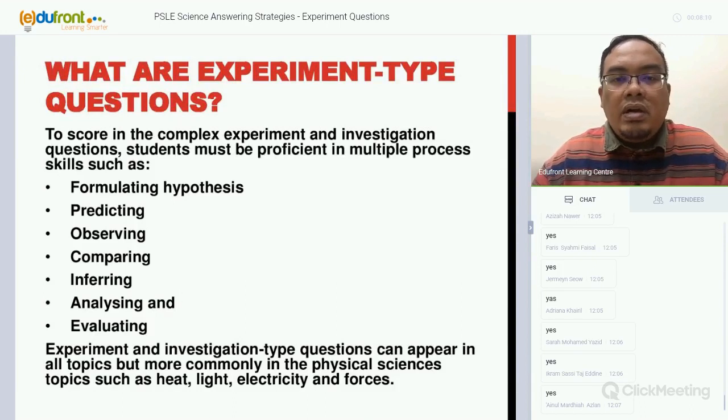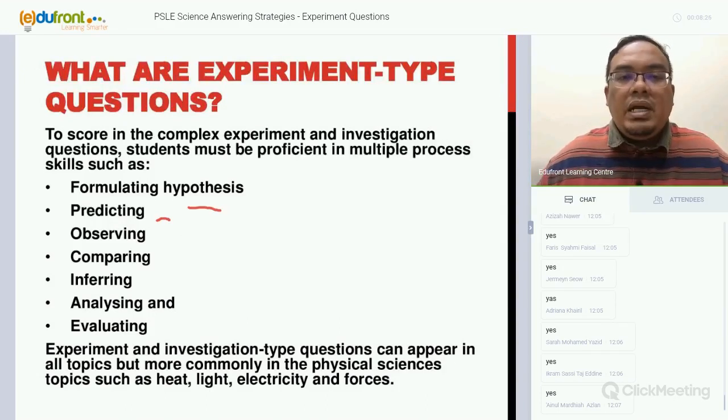Okay, so to score in experiment questions, you must be proficient in several process skills such as hypothesis. You must be able to predict, right? Given data, given graphs, you must be able to predict what is going to happen in the next stage. Right? You must be very observant. Okay, you must observe the picture.